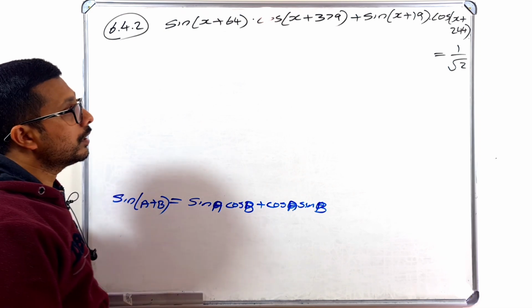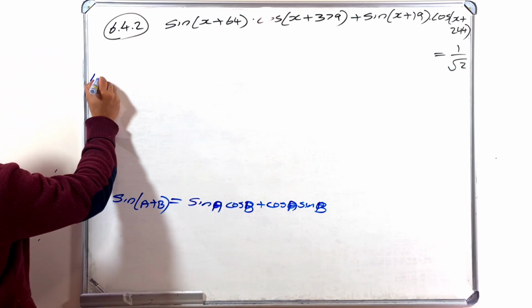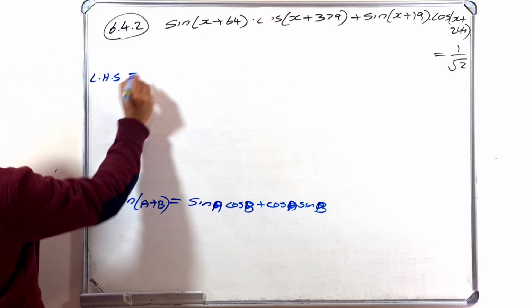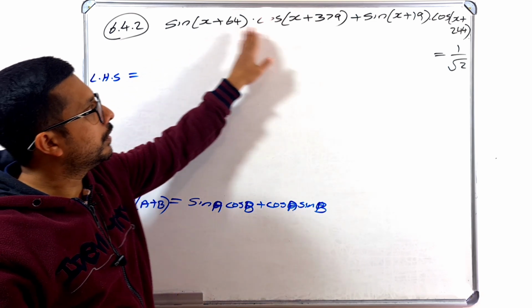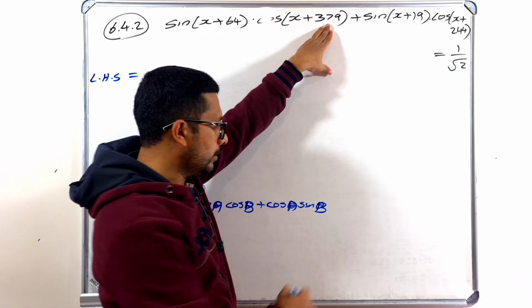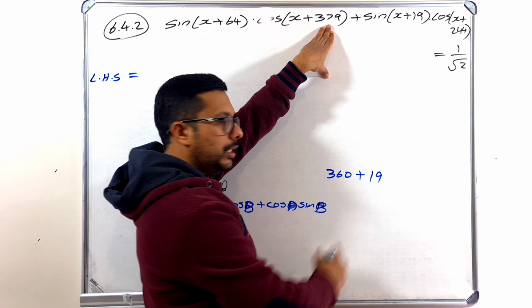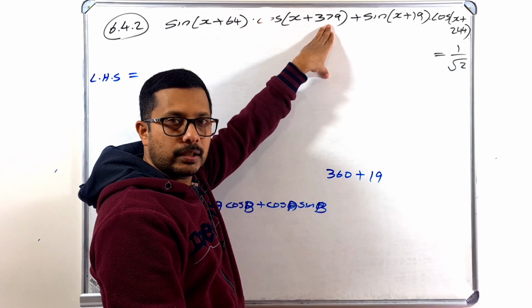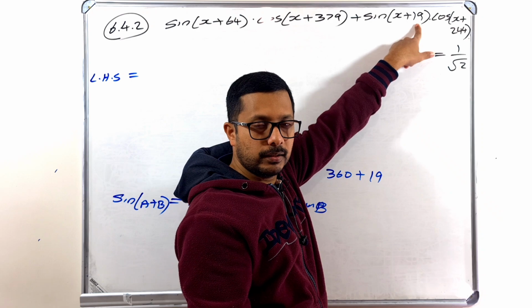That's why it's a lengthy question. Anyway, let's see. First take the left hand side. This 379 is 360 plus 19. Can you see a 19 here?